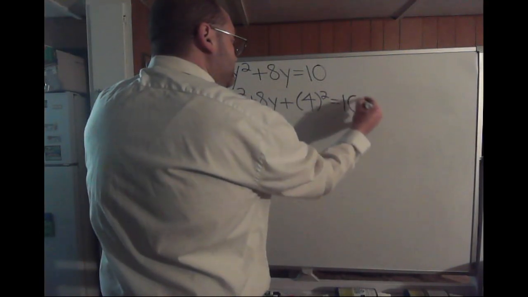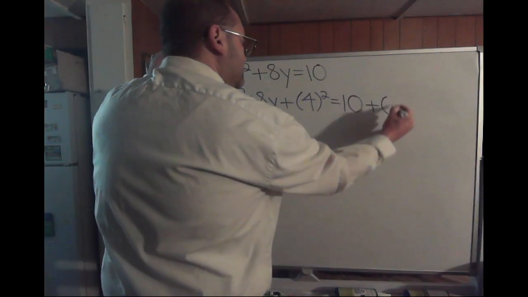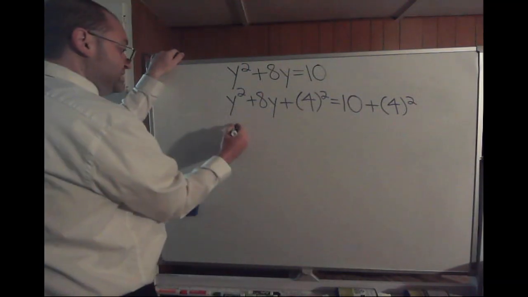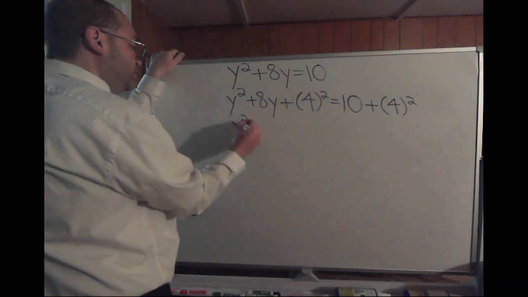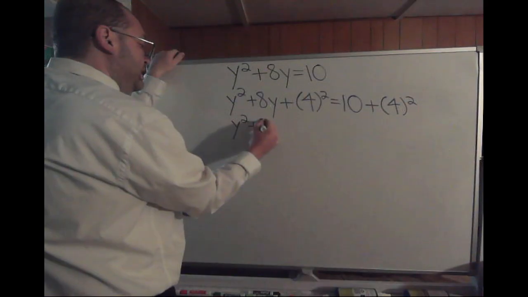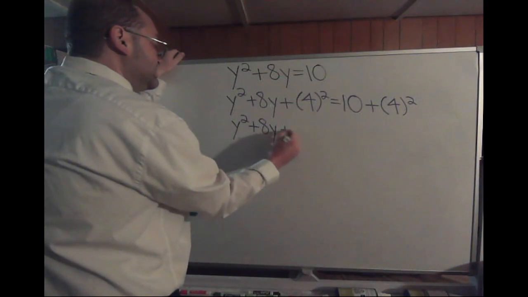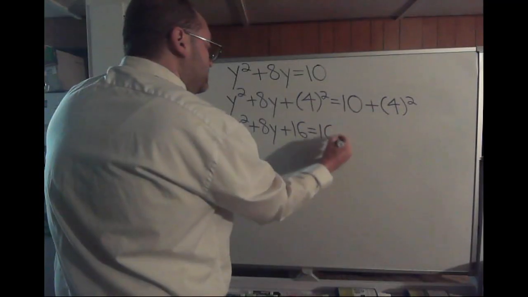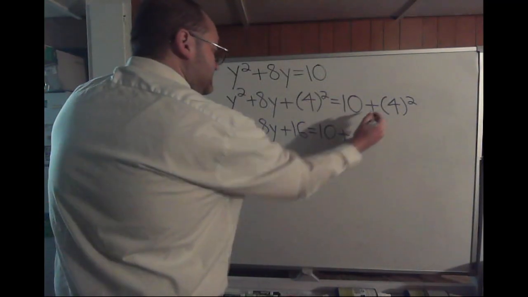I'll have to make it 10 plus 4 squared, which means now I should get y squared plus 8y plus 16. That'd be equal to 10 plus 16.